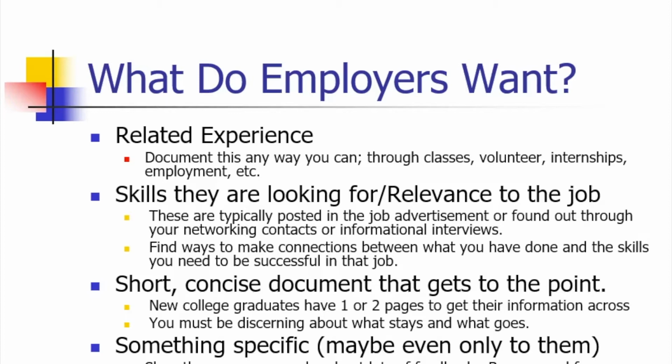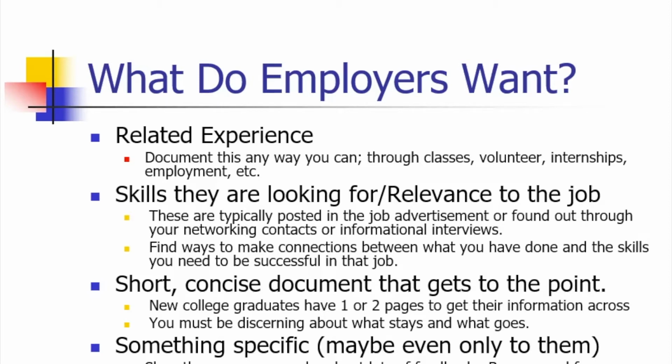Second thing that employers look for are the skills that they're looking for or the relevance to the job. Once you're job searching, generally you start looking at lots of different job advertisements. And you're going to find, after looking at several of those, you start to see a variety of patterns. Employers are generally asking for some of the same kinds of things.